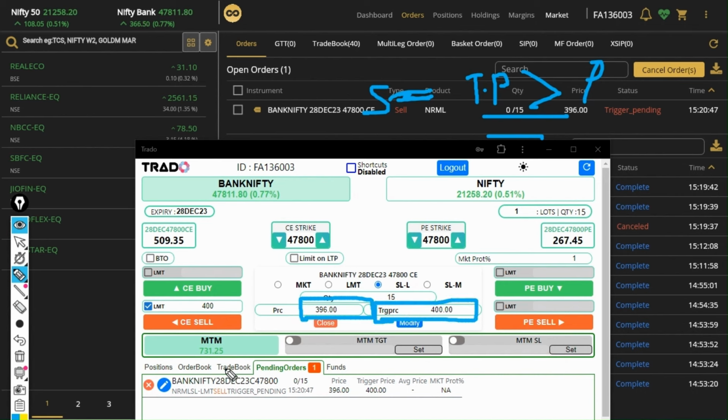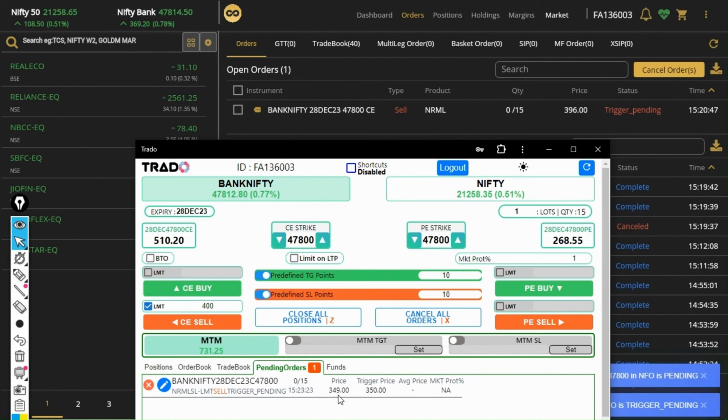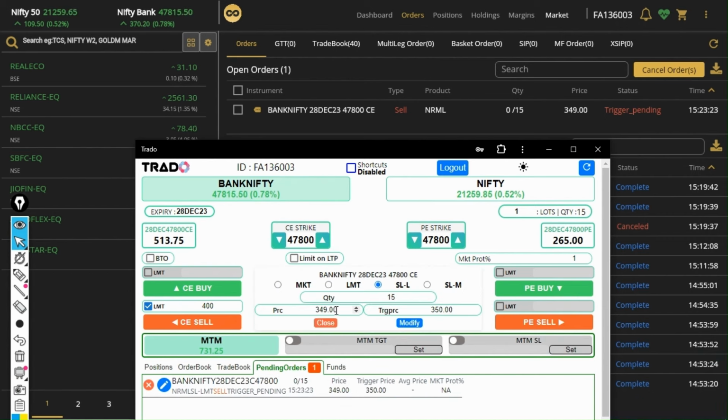Similarly, if this strike price goes below 350 and I want to sell it, I will write 350 as trigger price, and the price must be below the trigger price, so it can be 349. Then modify it. See, it got modified to 349 and 350. And if I place it wrong, like 351, then it will give a prompt: enter trigger price greater than price. So you have to give that.